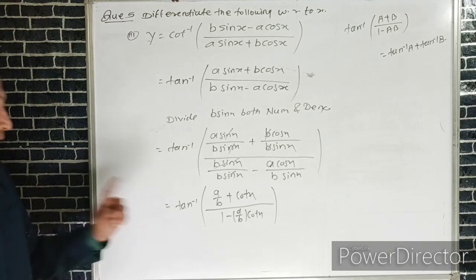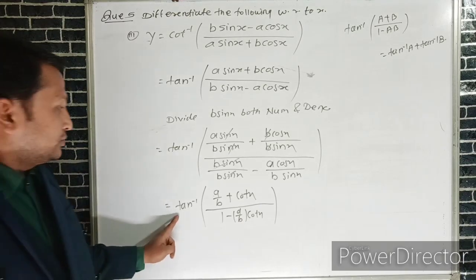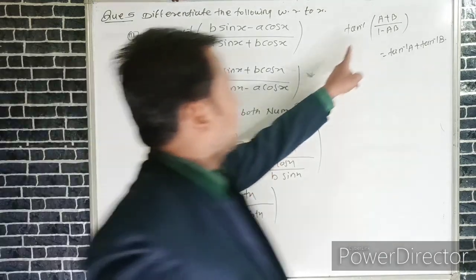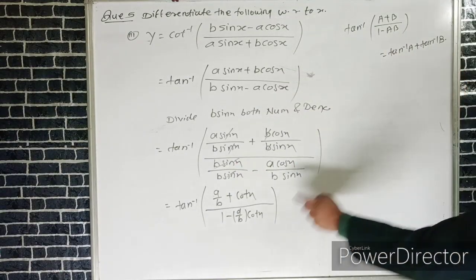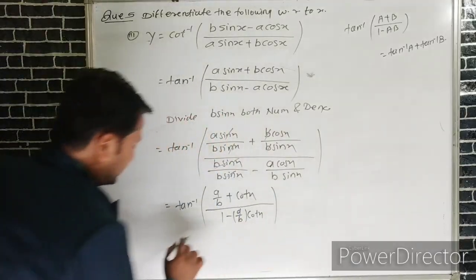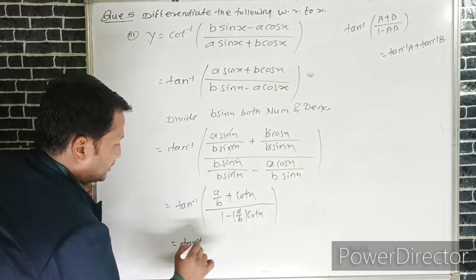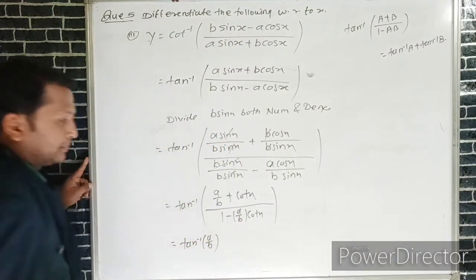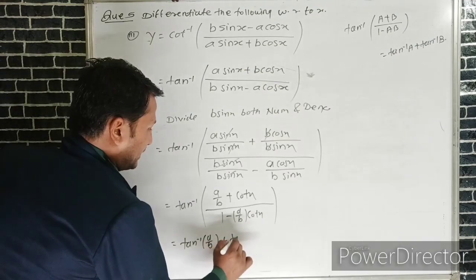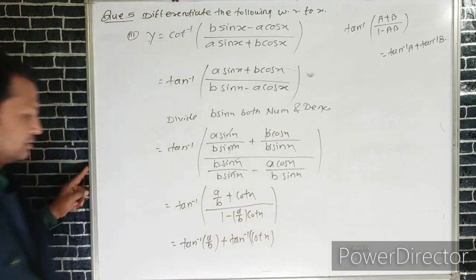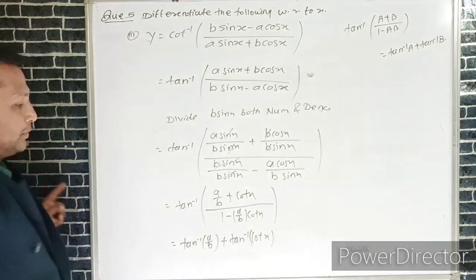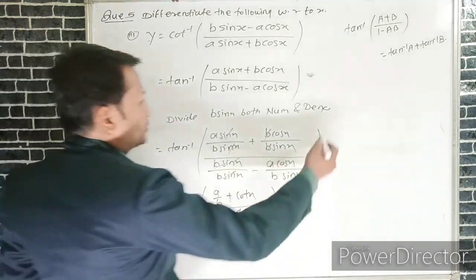We know that tan inverse of (a plus b) upon (1 minus ab) is equal to tan inverse a plus tan inverse b. Hence we can apply this rule here. We can write separately tan inverse of a upon b plus tan inverse of cot x. Here tan inverse of a upon b is a constant function.